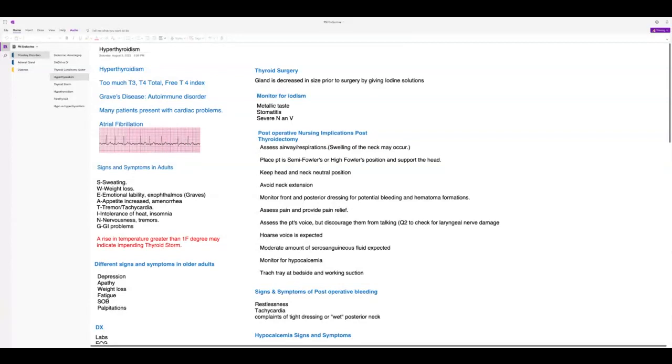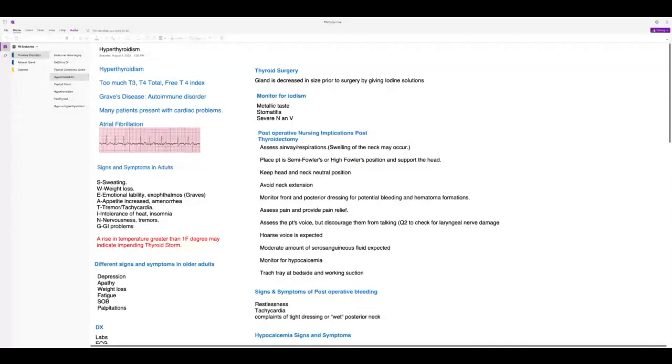Don't mix this up, because sometimes I get confused and think, well, they lost a lot of weight, so I would think they would hate the cold. But no, they hate the heat because their metabolism is so high. Anybody that's been in menopause knows it feels like you're burning from the inside out, and they cannot tolerate the heat. N is insomnia. They can have insomnia, nervousness, tremors, and GI problems.